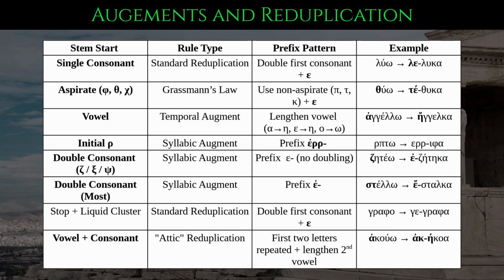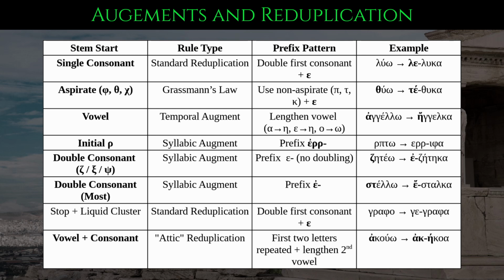And lastly, a vowel plus consonant. Here we have the so-called Attic reduplication. This time it is not the first letter but the first 2 letters that are being repeated, with the second vowel being lengthened. For example, akuo becomes akekoa.